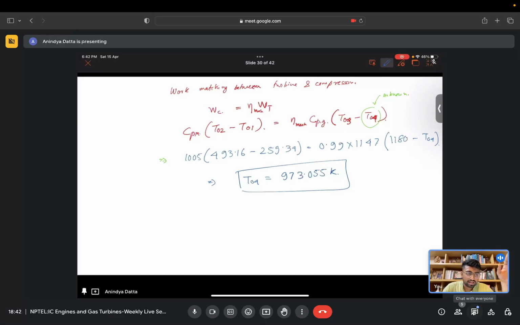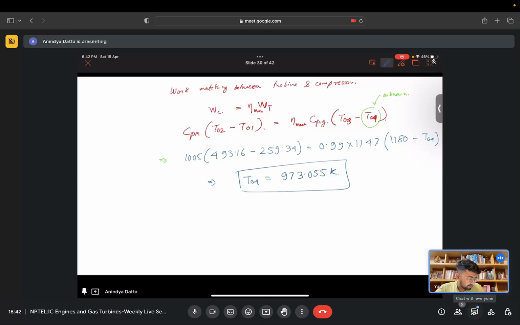In the ideal Brayton cycle we know that the pressure ratio across the turbine is equal to the pressure ratio across the compressor, but that is not the case in an aircraft engine cycle, because the pressure ratio should be just enough so that the temperature drop that we are getting produces the work output sufficient to drive the compressor.